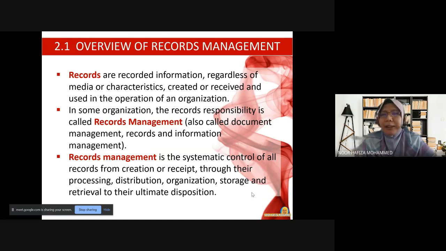So what is the definition of records management? Records management is the systematic control of all records from creation or receipt through their processing, distribution, organization, storage, and retrieval to their ultimate disposition. When you look at this definition, it involves the record life cycle concept.